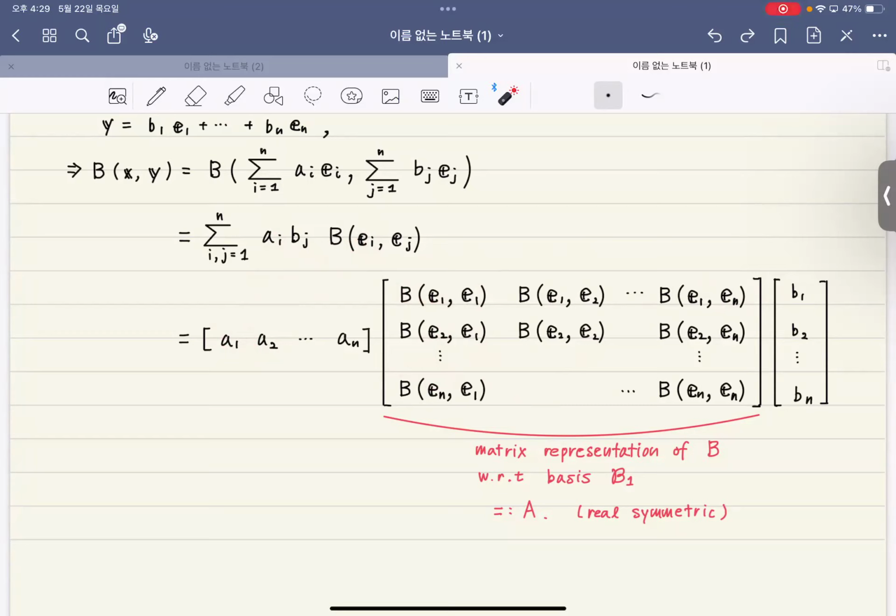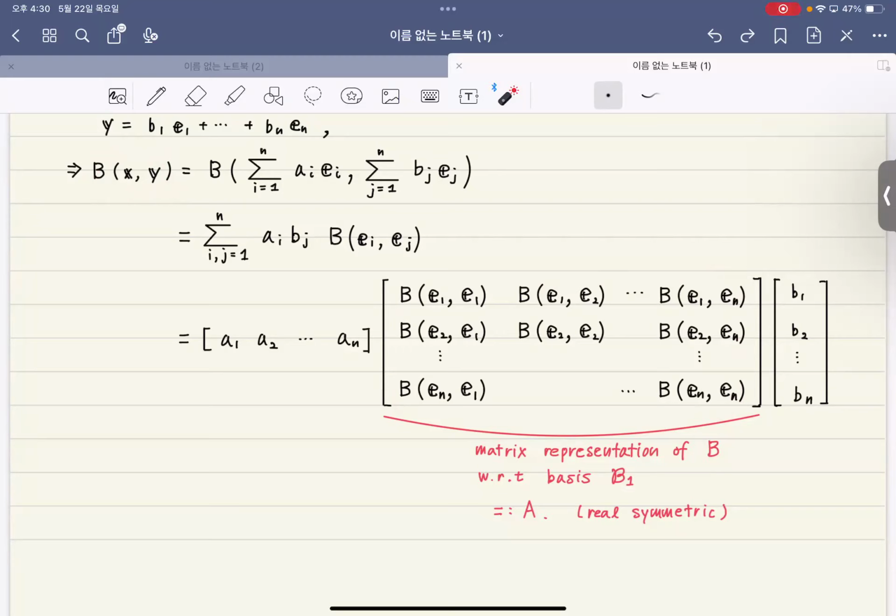So, therefore, all information on this symmetric bilinear form is actually contained in this middle matrix, right? Because to understand the symmetric bilinear form, all you need to know is the symmetric bilinear forms between basis vectors. Then you can completely determine the symmetric bilinear form of any two vectors.